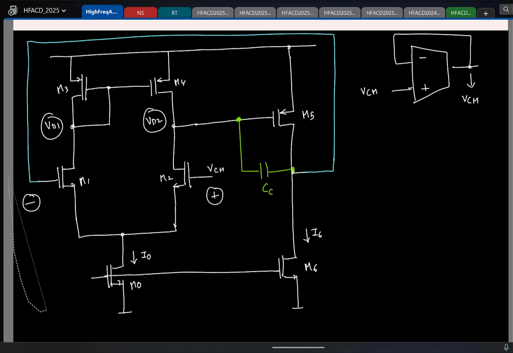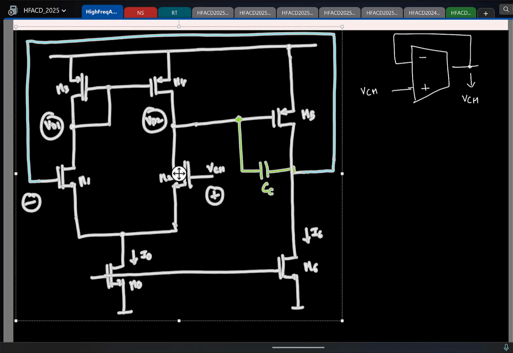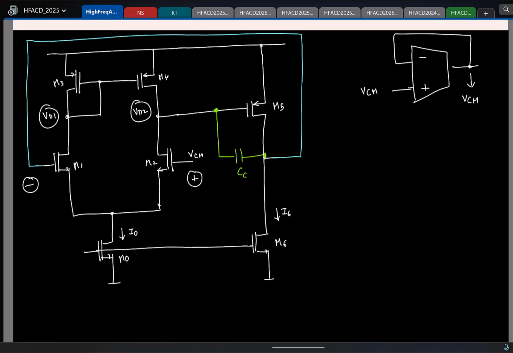Maybe I'll reduce the size. And the other terminal is the positive terminal. I'll bring it out like this so that it's clear. This is the positive terminal. Here is where I'm applying the bias voltage, the common mode voltage VCM.